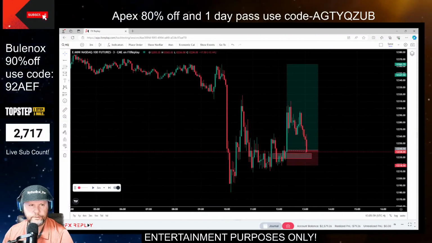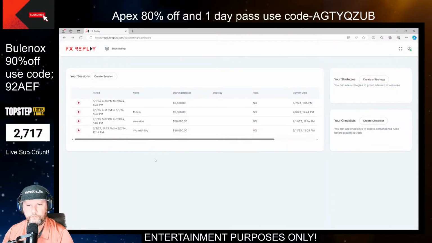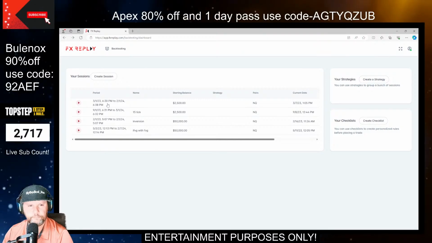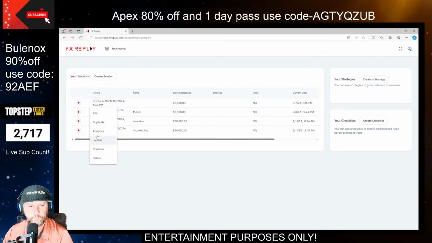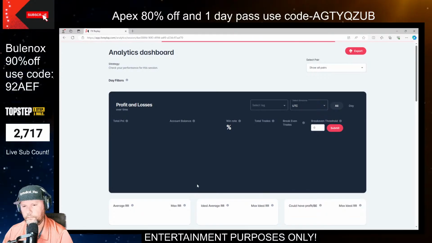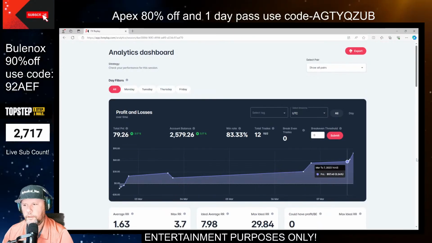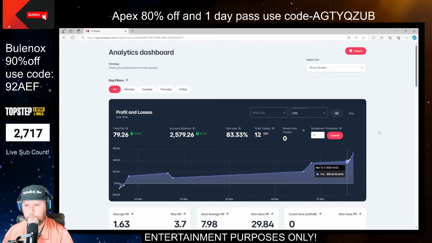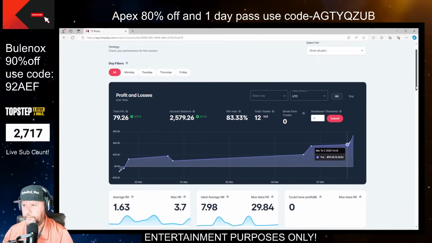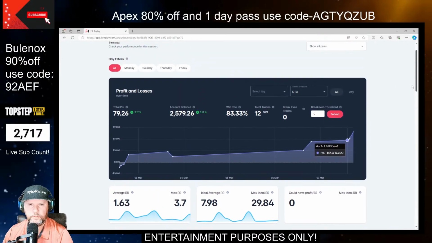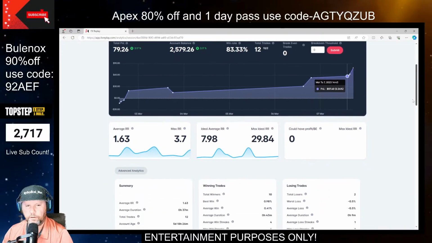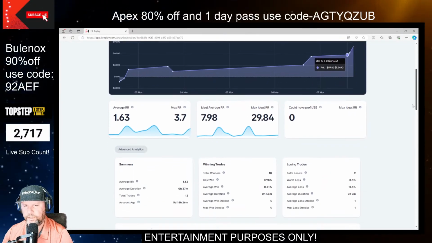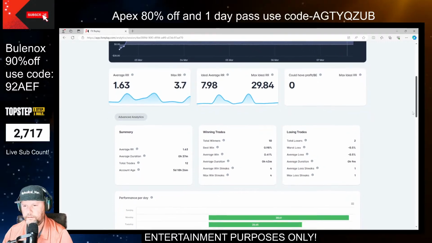Let's look at our stats. I don't think we did as well today as we could have done. So, 83% win rate, not bad. Could have been better, but we'll take that. Average R 1.63, max R 3.7, ideal 7.9.